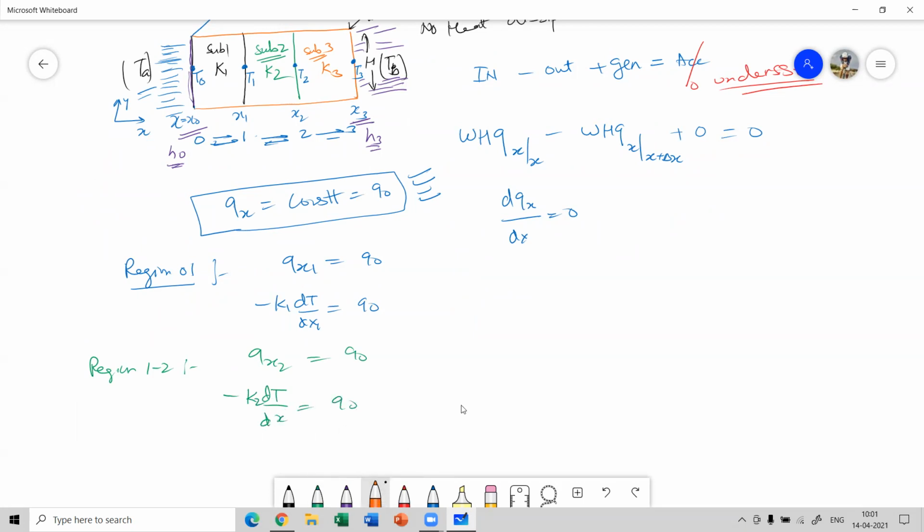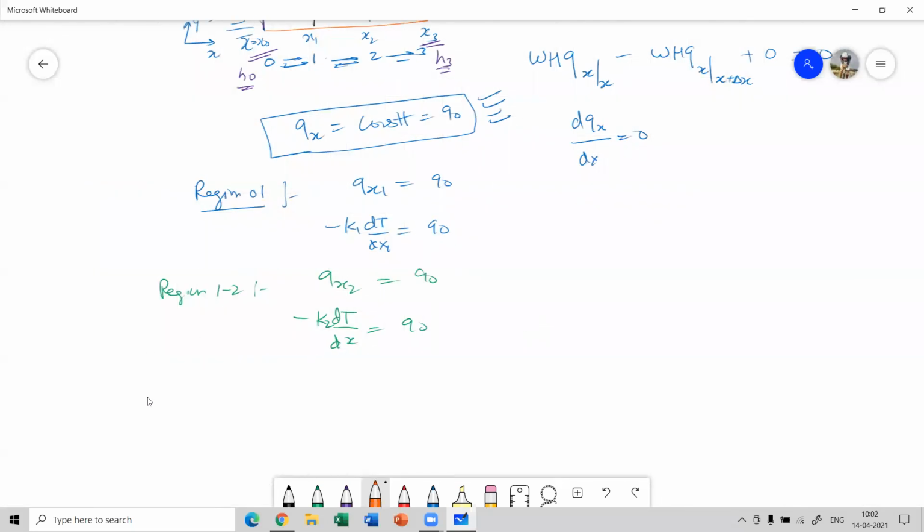And similarly for the third region, 2 to 3, Qx is Q naught, which is minus K3 dT by dx equal to Q naught. Assuming K1, K2 and K3, the thermal conductivity terms, are constants.